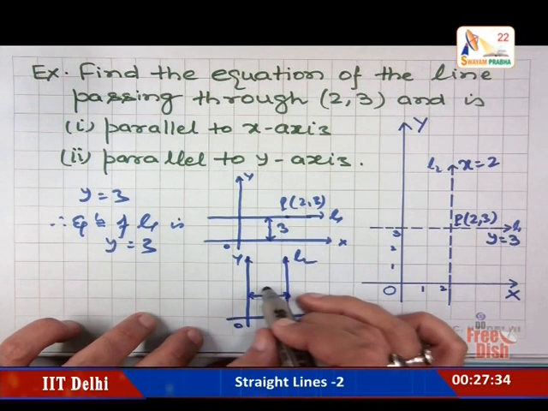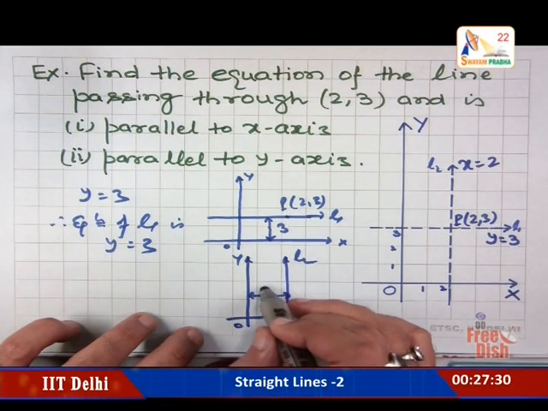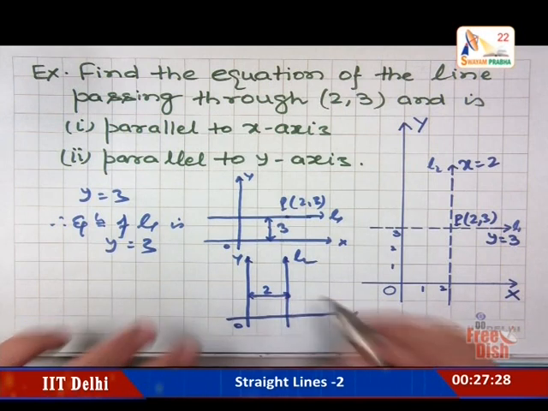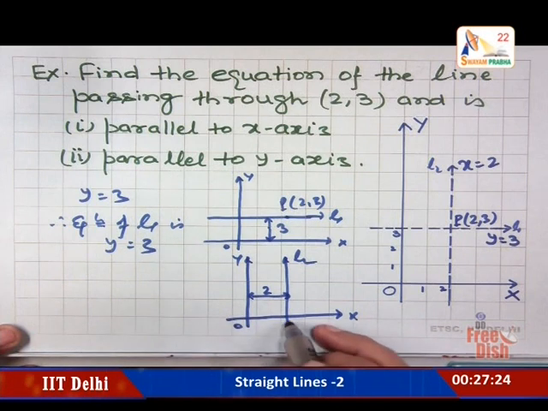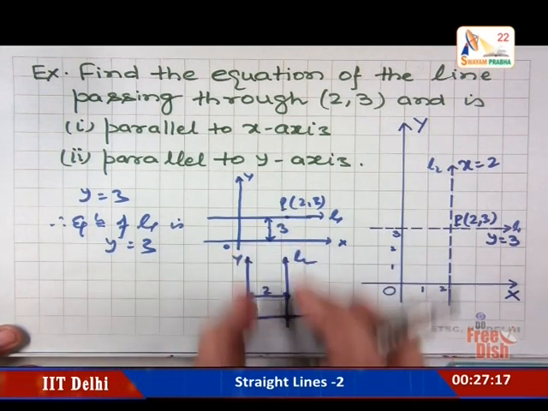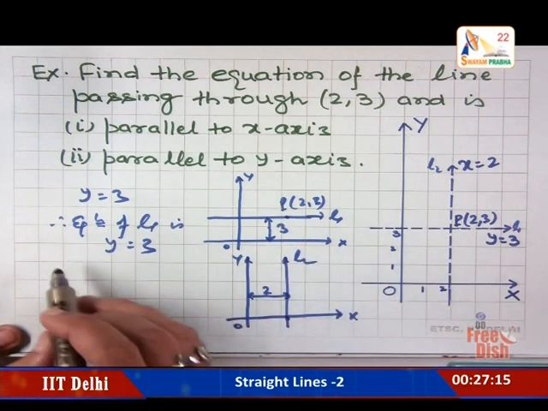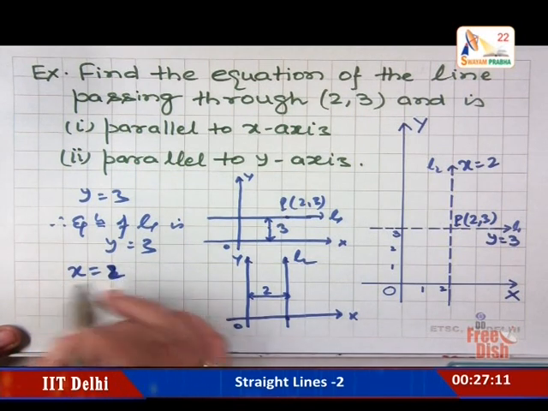The coordinates of this point P are (2, 3), so this is 2. So it means the intercept made by this line L2 on the x-axis is x equal to 2.